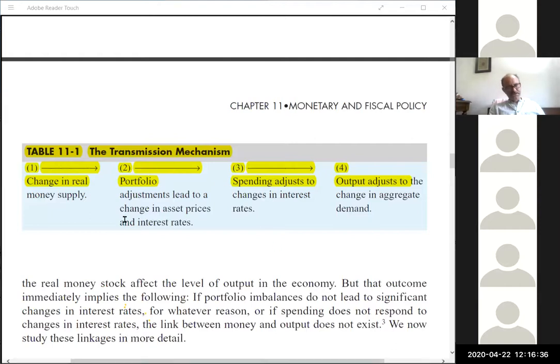Now, when we say that the portfolio adjustment leads to change in the asset prices and interest rate, essentially what you are saying is that when the money supply increases, it is likely that you are going to use that money to buy assets.